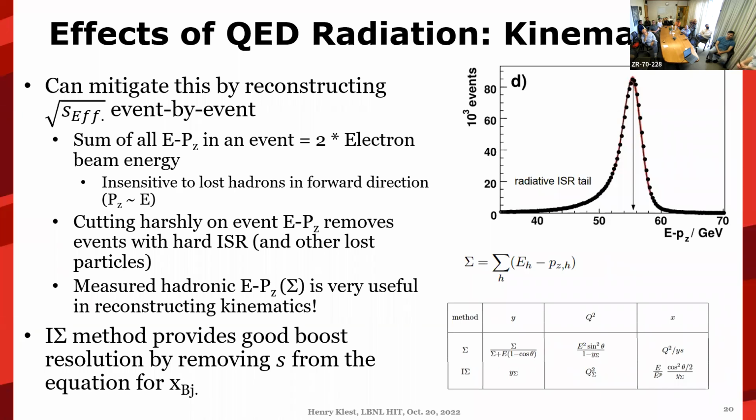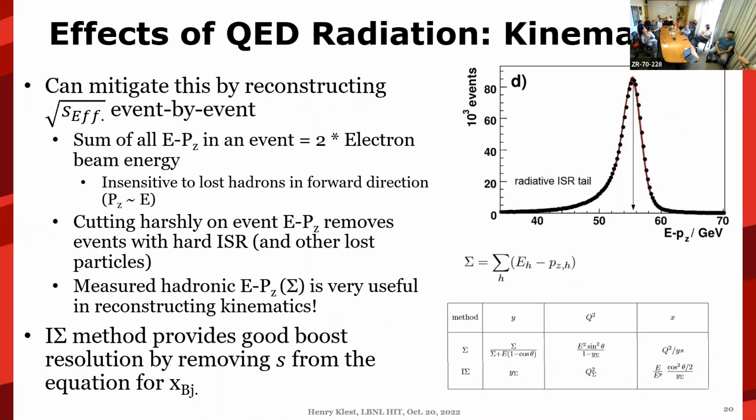So the typical way of doing this is you take the sum of the E minus PZ, which for a particle going directly in the minus PZ direction is basically 2 PZ, and for a particle going in the positive PZ direction is basically 0. And therefore it is insensitive to hadrons that are lost in the forward region, because the proton beam remnant goes down there and you typically don't see much of it at all. You don't want to be sensitive to that because then you'll be messed up.